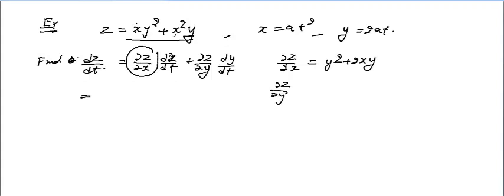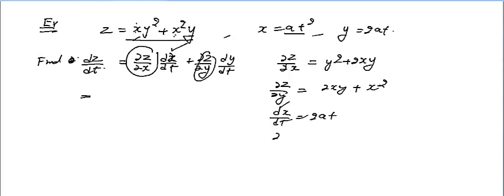Now you can find partial z by partial y. The derivative of this with respect to y is 2xy plus x squared. Now you will find the derivative of x with respect to t. x is only depending upon one variable, that's why we are taking the total derivative. So 2at.